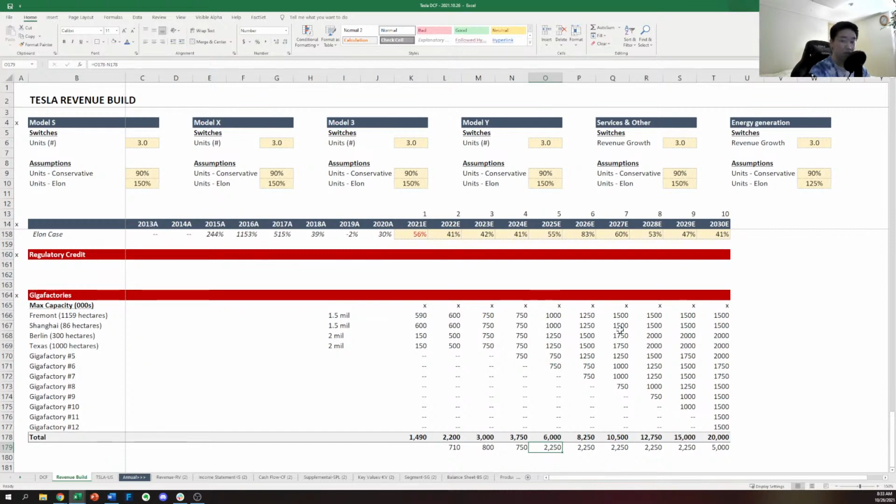And then for the next, let's see, 6 years, we need to ramp up really quickly. And you could argue that, hey, this needs to grow exponentially. But I think it makes sense to grow it linearly, because creating gigafactories, you create one at a time, right?